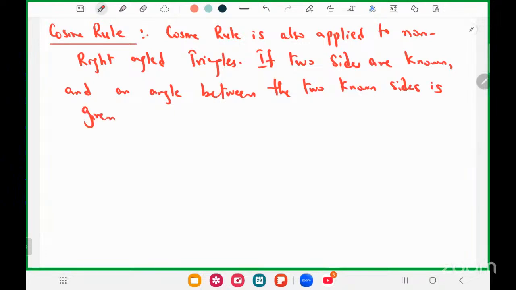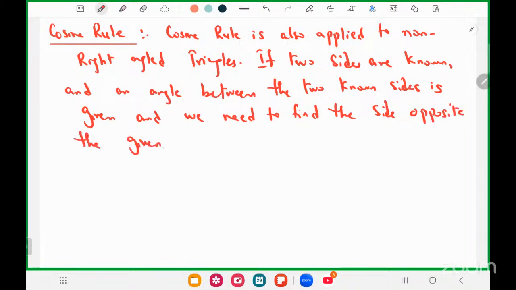If two sides are known and an angle between the two known sides is given, and we need to find the side opposite the given angle, then we need to apply cosine rule.